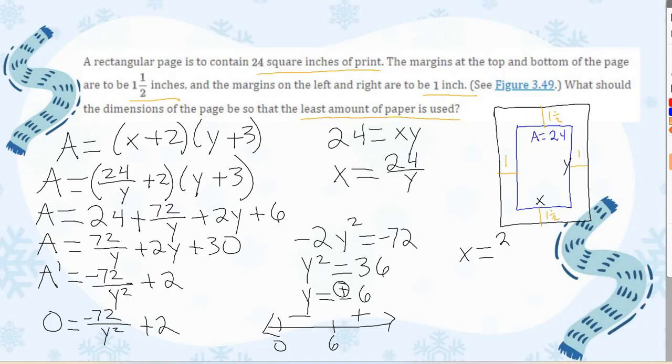So we have 24 divided by 6 gives us 4. So our 4 by 6 are the answers? No. What do we still have to do with those? Add 2 and 3. So we're actually going to get 6 by 9 instead. Which is why I said it's important to refer back to what the question is actually asking you for.